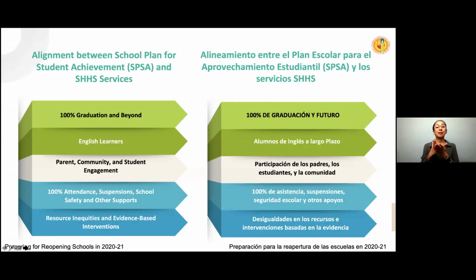All our goals are really to ensure that our children are attending school 100%, so towards graduation. We support families in all different languages. We work with parents and community and student engagement, really focusing on 100% attendance, school safety, and other supports, using a lens towards equity and evidence-based interventions.